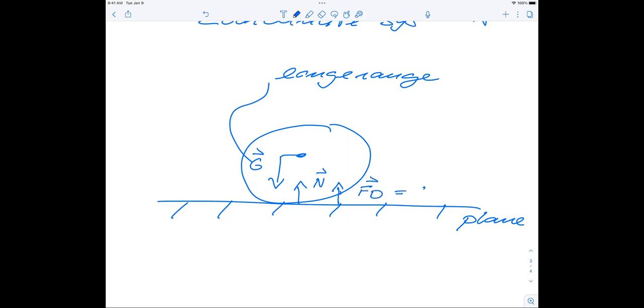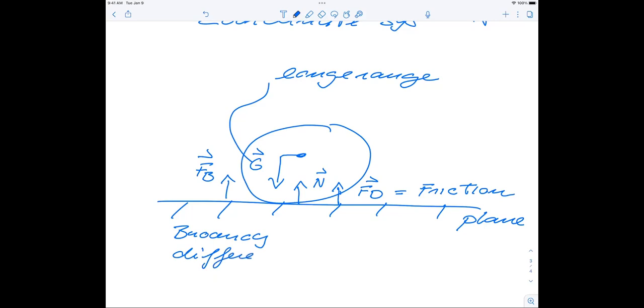And this could be some kind of friction force, which we have left unspecified. There can be other forces at play here. So let me just write it like this, F_B. So this is normally called buoyancy. I don't know if I pronounced that correctly. Which is attributed to different air pressures.